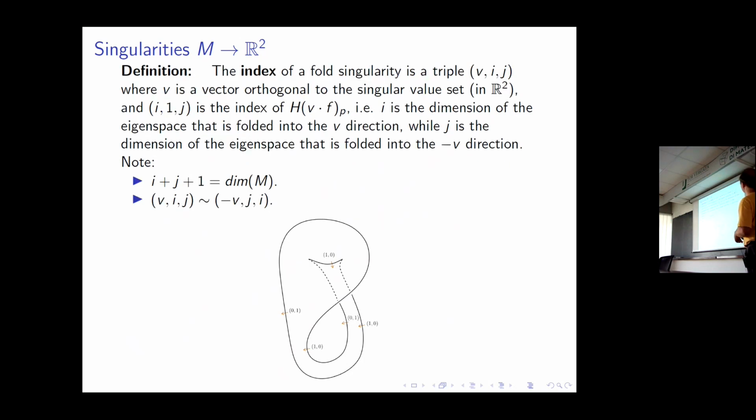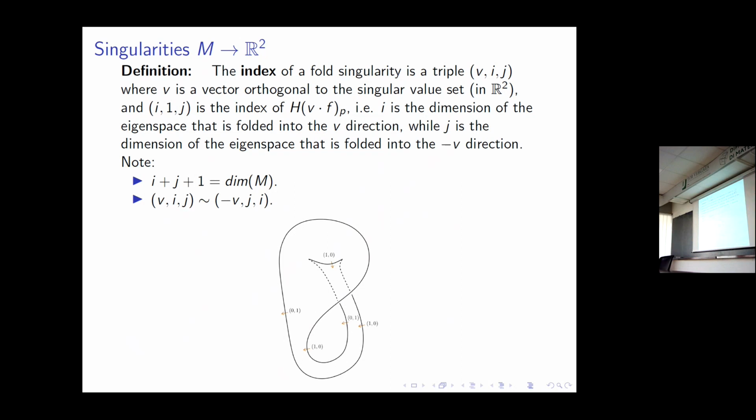So the index of a fold singularity is a triple. You've got a vector v in the plane and two integers, i and j. The vector has to be orthogonal to the tangent space of the fold singularity. Then you take that function and take the dot product with v, like projecting orthogonally into that direction, and look at the Hessian. (i, j) has to be the index of that.